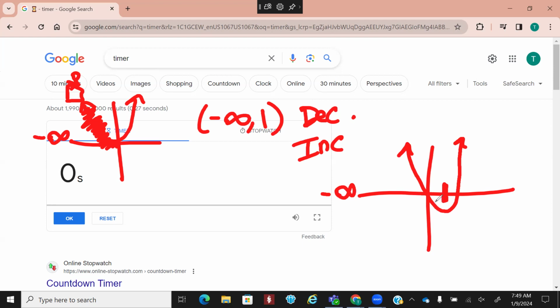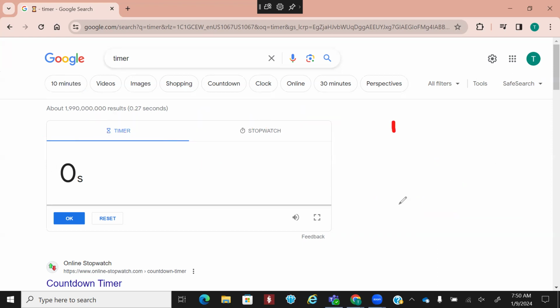Now, what about increasing? Well, it started increasing on the other side, right? So where did it start? And where did it stop? Okay, good. Okay, on the next one, this one's a little weird.